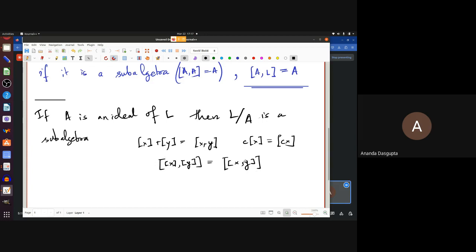If A were not an ideal, this would not be a proper definition, in the sense that if you took, instead of X, X prime, another element of the class of X as a label, and instead of Y took Y prime, and formed the Lie bracket of X prime with Y prime, and found this equivalence class, you might very well have ended with a different result. So if A were not an ideal, this Lie bracket definition would not have been a proper definition, which is why the ideal plays an important role here.